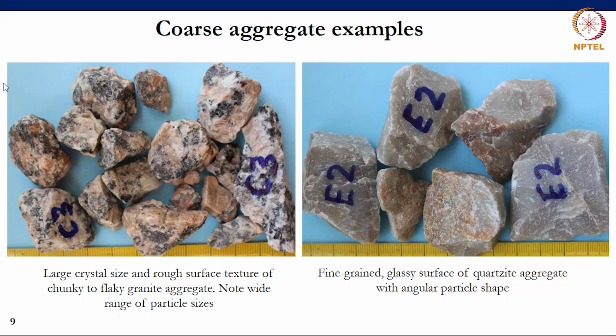On the right-hand side is a very fine-grained glassy surface of quartzite aggregate. More angular in its particle shape, sometimes a little bit flaky, but also a fairly friendly aggregate in the sense that the surface texture is quite smooth and will allow for less interparticle friction when you're mixing and placing the concrete.